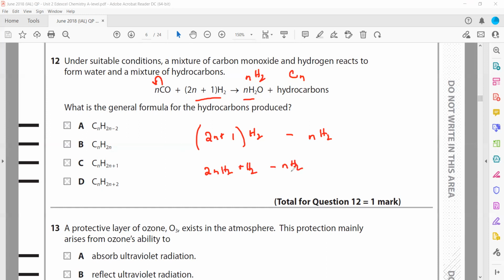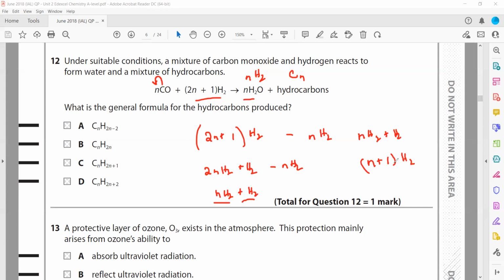The 2nH2 cancels with nH2, so it will be nH2 plus H2. If I take H common here, it will be (n plus 1) H2.